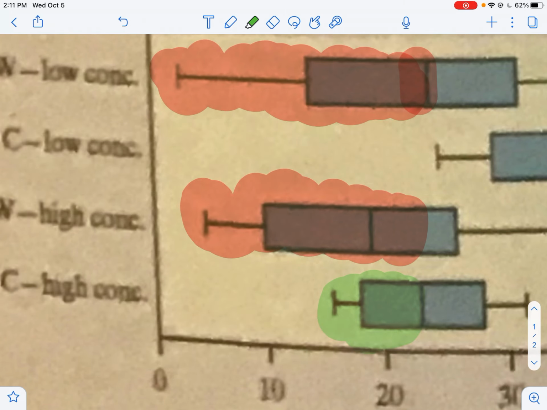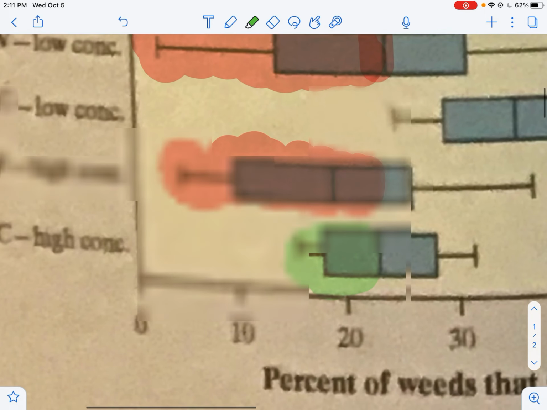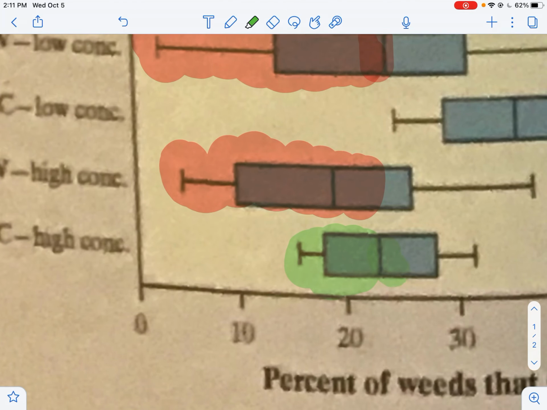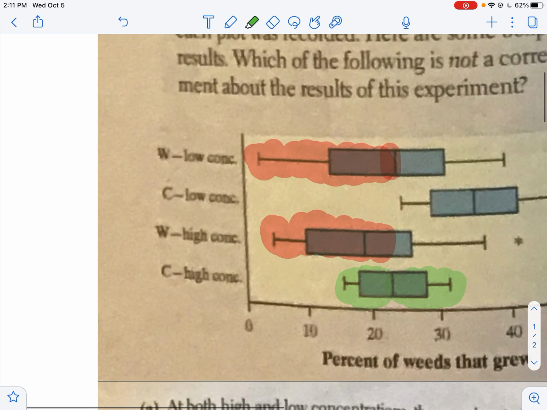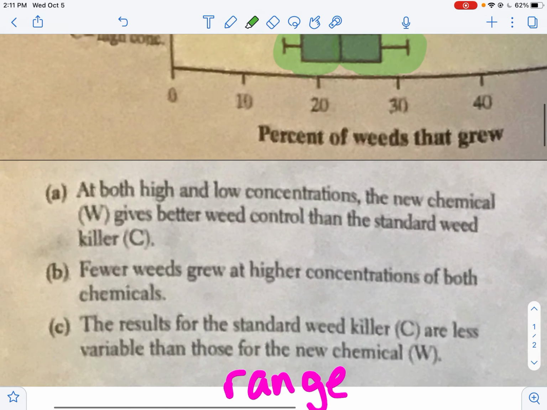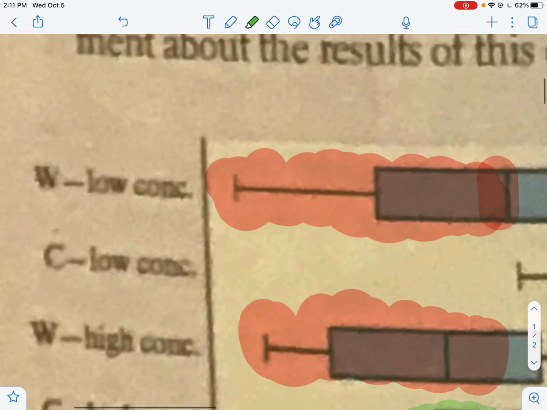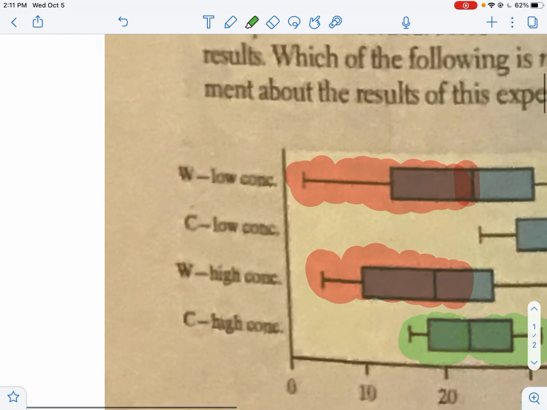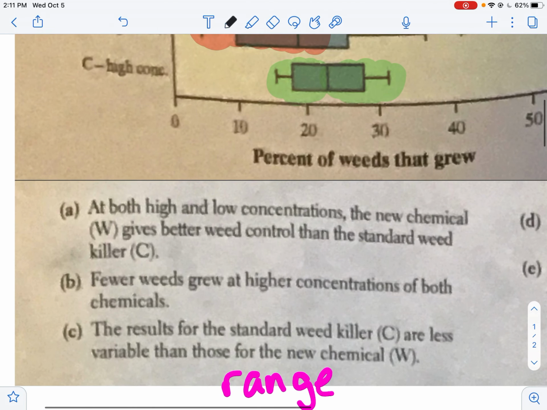We're seeing a lot of percentages on the low side before we even start to see some in C, and then all these C's get kind of high. It's not a wide range, but we're still seeing most of the low percentages in W, whether it's a high or low concentration. Low percentages of weeds. So I'm under the impression that W works better, getting rid of A.